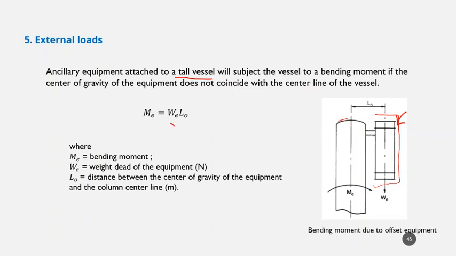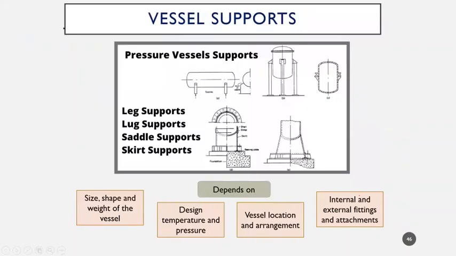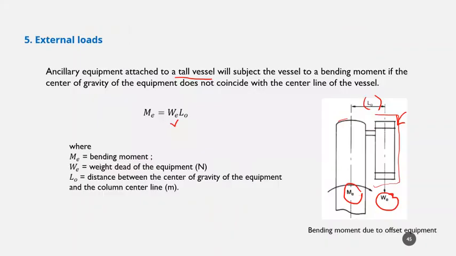So we consider the weight of the equipment and also the distance between the centers. So this is L, the weight of the equipment, and we can determine the bending moment. So this is the overall for the combined load.